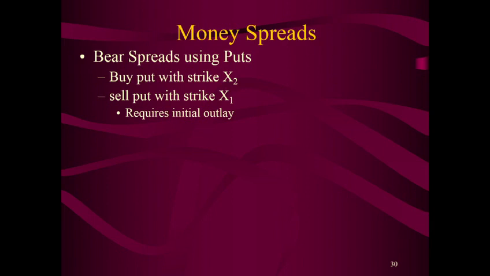So a bear spread using calls is going to result in money collected, right? A bear spread using puts is going to result in money being paid out, because a higher strike put is going to cost more than a lower strike put, right? Okay?